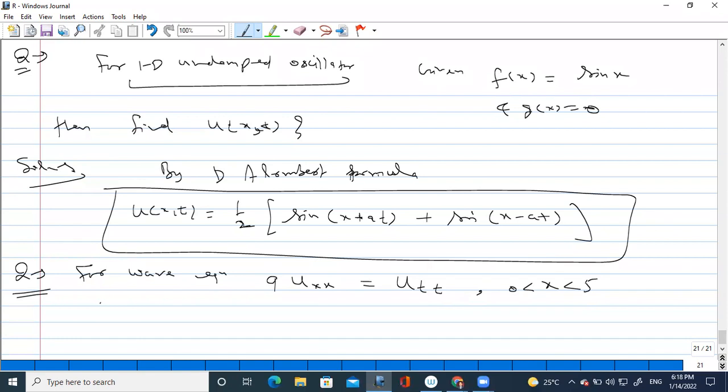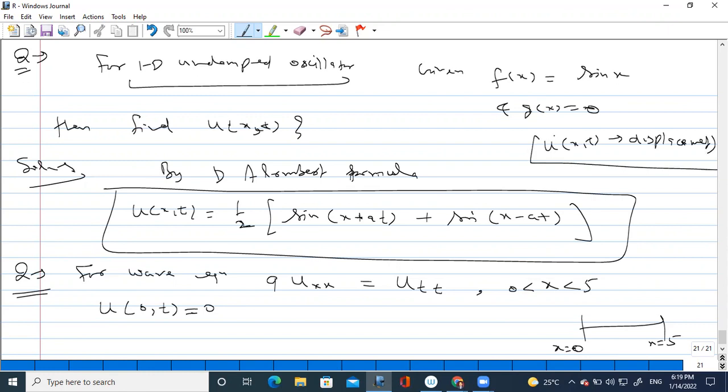Okay. And they have given u(0,t) is equal to 0. So this is your condition. We know it because our string is in between 0 and 5 now, x equal to 5 and x equal to 0. And what is it telling? u(0,t) means the value of displacement. Here remember always u(x,t) is the displacement.